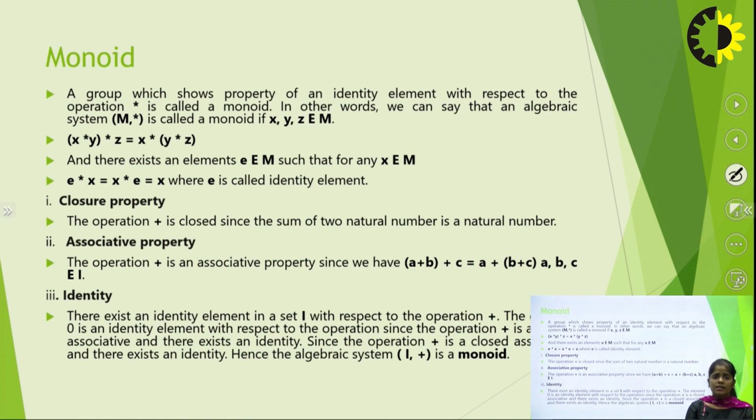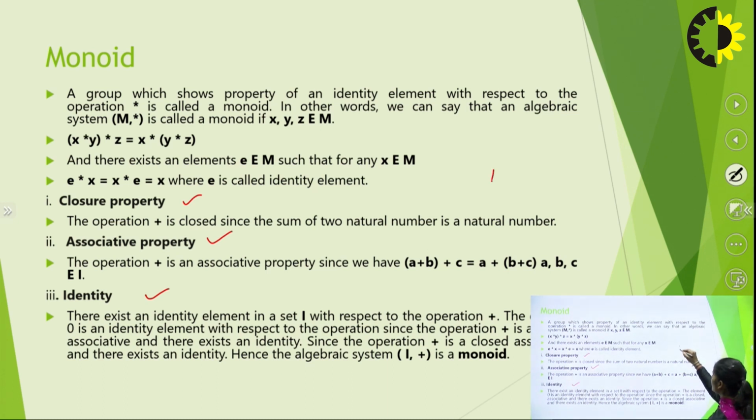In other words, we can say that an algebraic system M with operator star is called a monoid if it follows three properties. First, it is closed under that operator; second, it is associative under that operator; and third, if the identity element is present under the operator of the set, then it becomes a monoid, right? So in the case of a monoid, we have to check three things: one is closure, second is associativity, and third is identity, right?